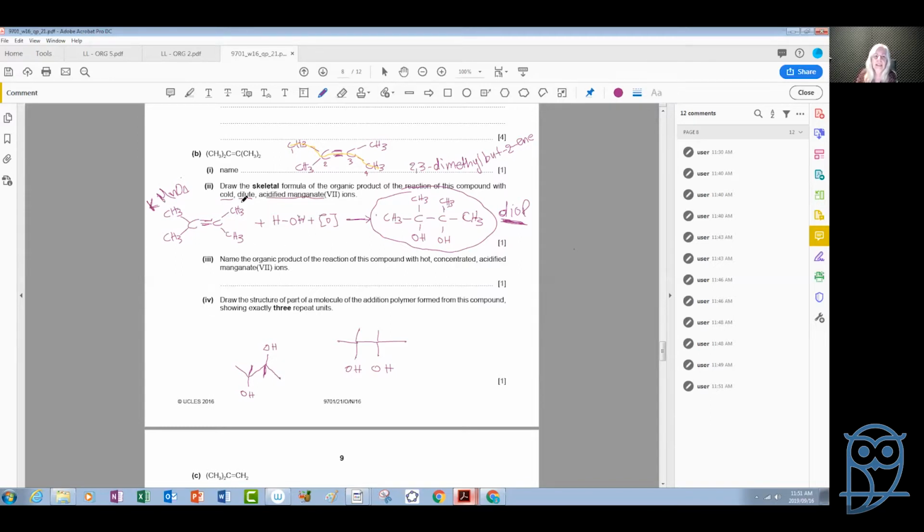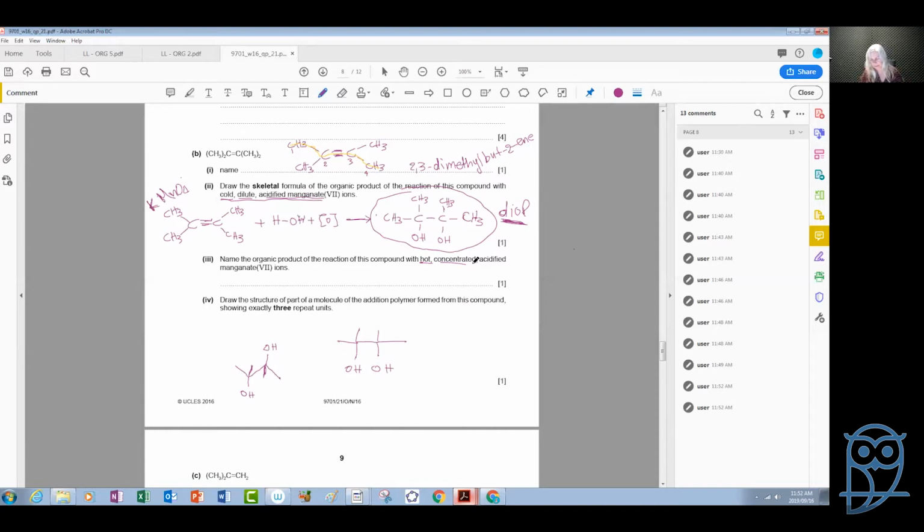So you see now, here we had cold and dilute manganate ions. Now they say hot and concentrated. Now this results in a different product, not a diol anymore.